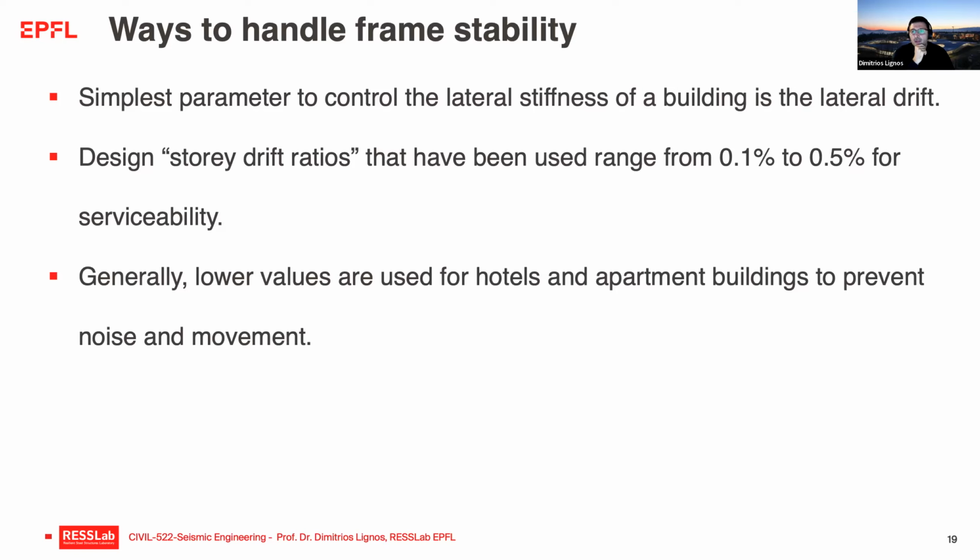Moreover, for a hospital, because we have sensitive equipment, we would like to use lower design limits of lateral deformations to ensure that we don't have any problem with the actual equipment of the hospital.